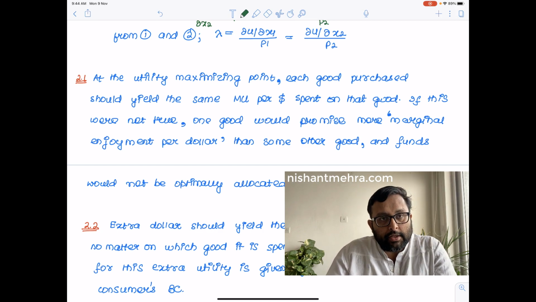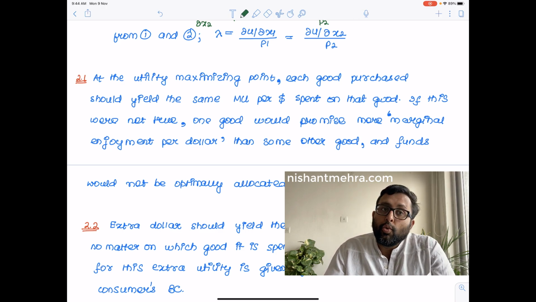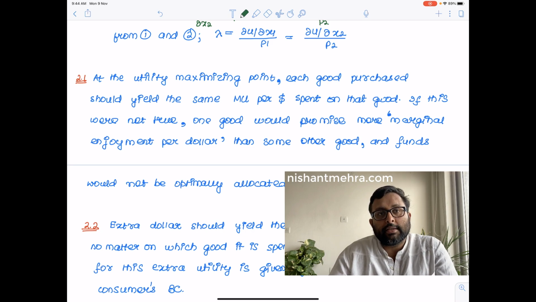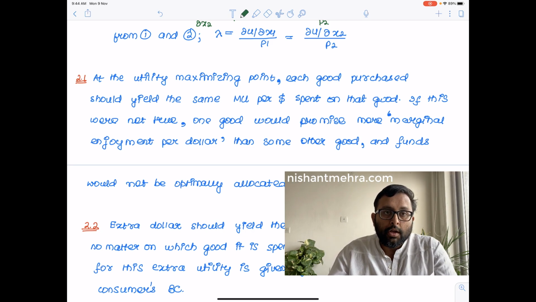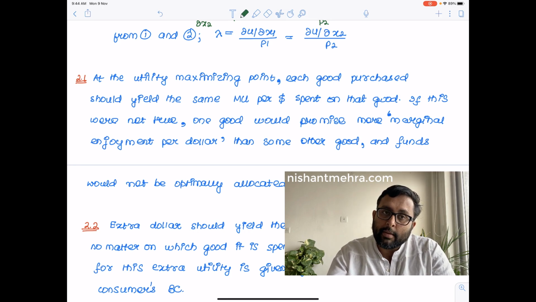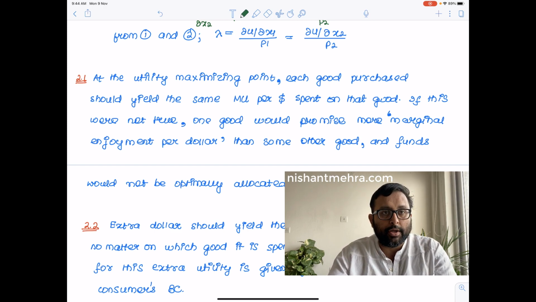When you buy more of x1, diminishing marginal utility starts setting in. What is diminishing marginal utility? As you increase the amount of x, the marginal utility you get from x is going to fall. So mu1 will start falling, and this will continue till the point where mu1 by p1 equals mu2 by p2.